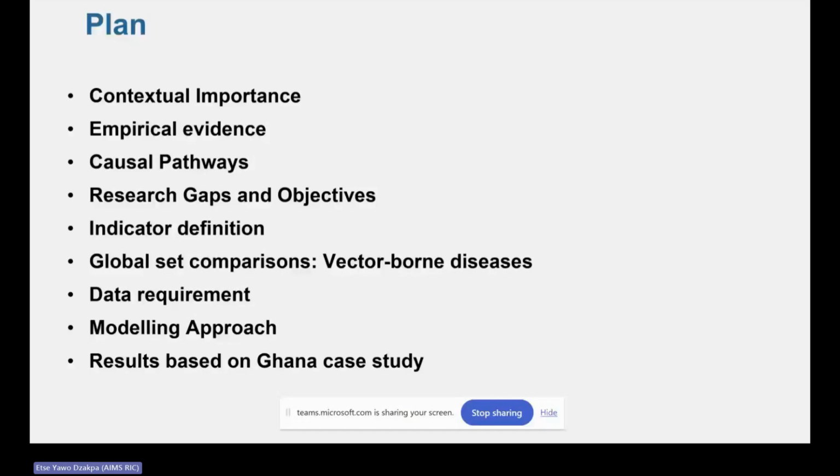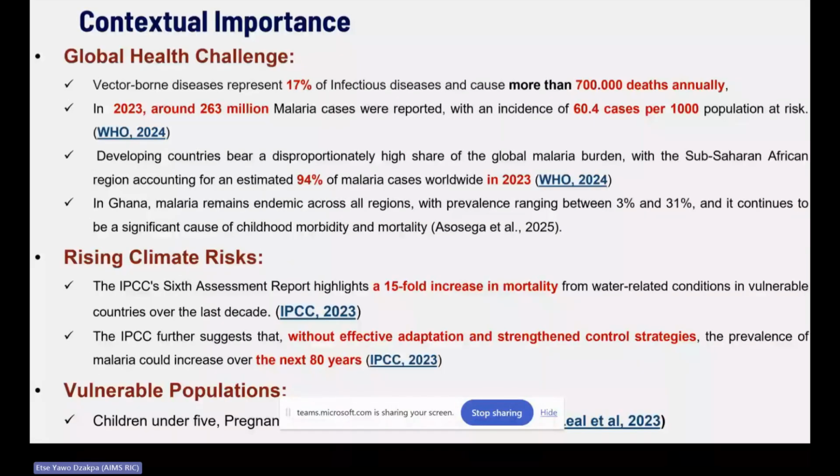So globally, what can we say about climate and health? When we are talking about health, we are talking about human well-being. And when we are talking about malaria, we are also referring to vector-borne diseases. Vector-borne disease currently represents one of the global health challenges in the world.